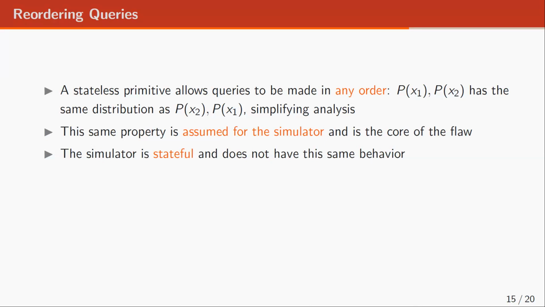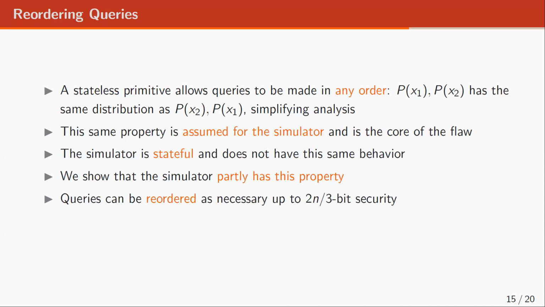So it does not have the same behavior. So what we did is that we showed that the simulator here does partly have this behavior. This swapping around is a really strong property, but we are able to show with lots of computations that it does satisfy it to some point, because we can reorder these queries as much as we need up to 2n/3 bits of security.